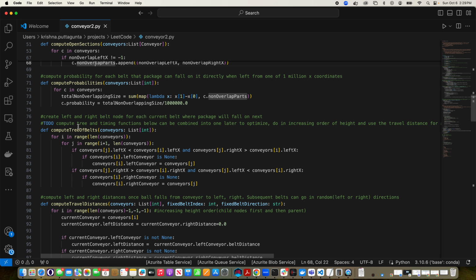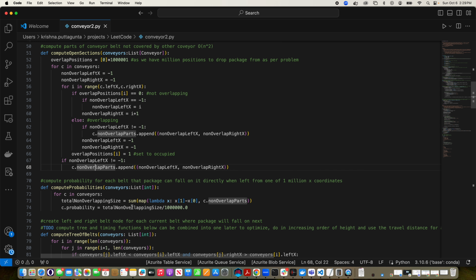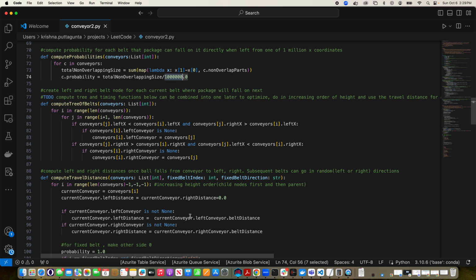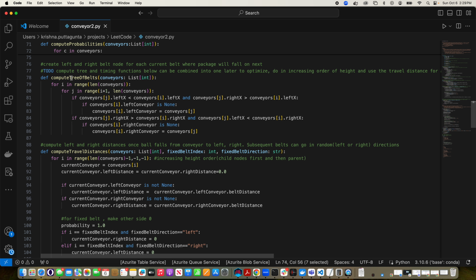Then next is to compute the probabilities for each belt. You just take the sum of all the non-overlapping parts, then divide by 1 million, and you get the probability of the belt, that is, the package falling directly on the belt if it drops from the top. Then you compute the tree of belts, which is the left and right child for each belt.